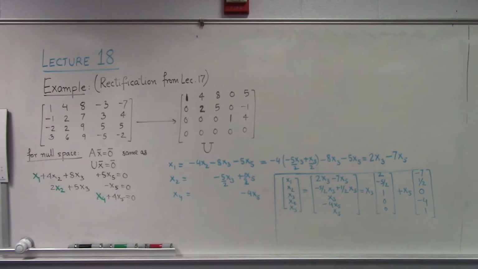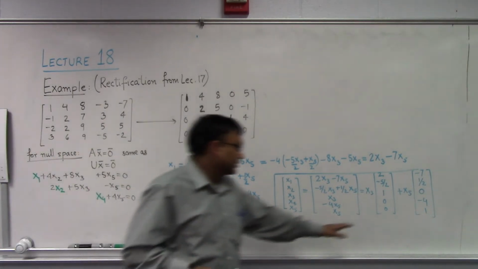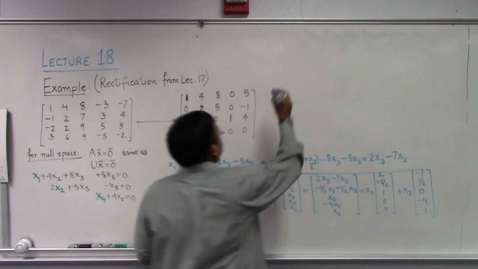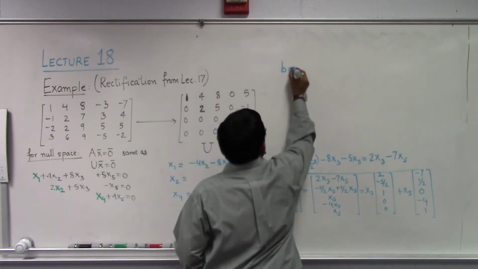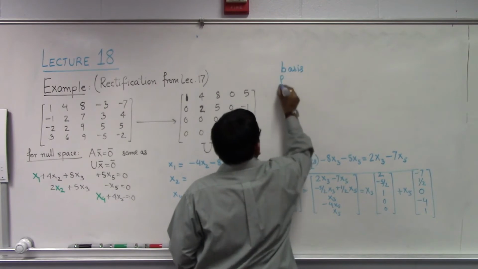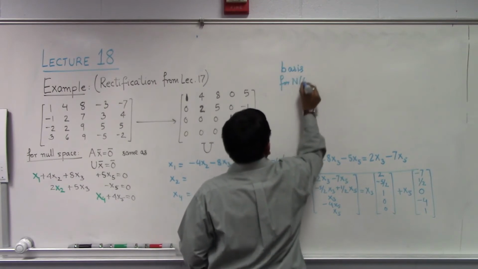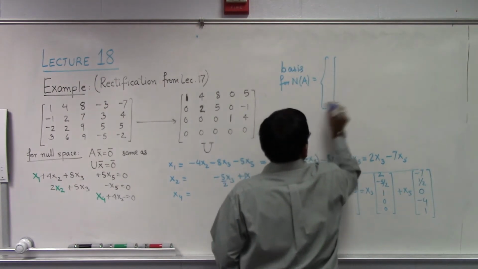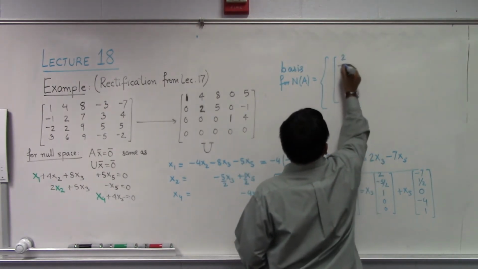Once we are able to write this, then we can say any solution would be just a linear combination of these two vectors. As you can see, they are both linearly independent. So we have a basis for the null space of A. And that basis consists of these two vectors.